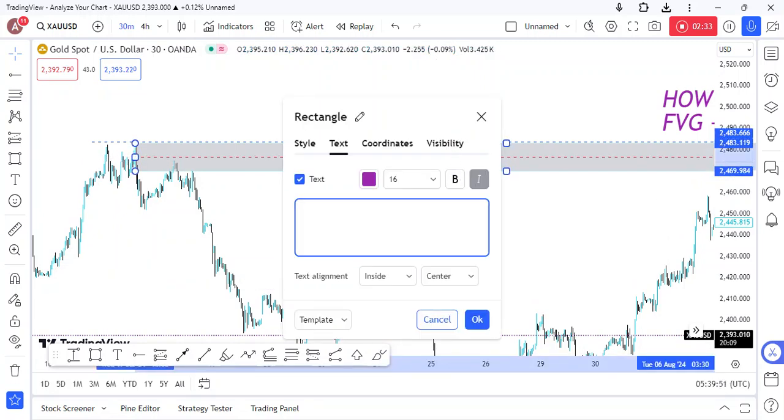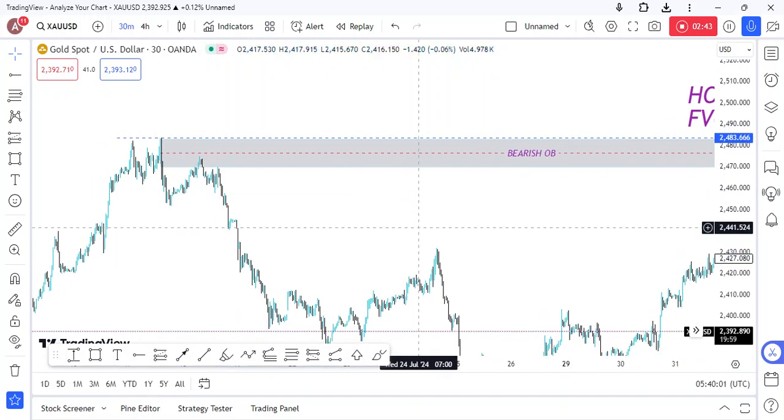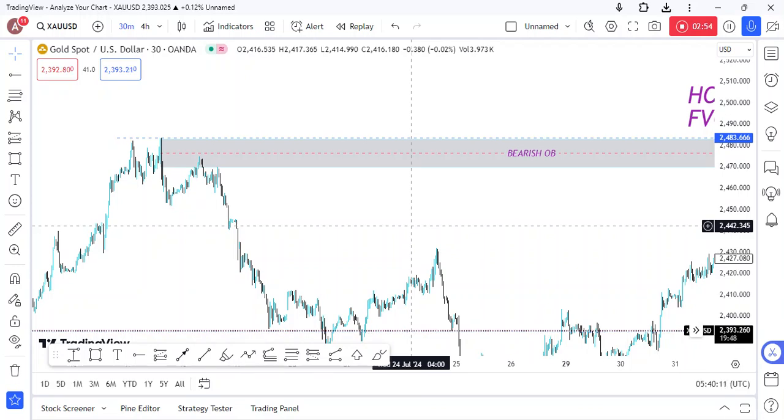Then I will call it a bearish OB. If you know what an order block is, it is the last bullish candle before a massive downward bearish move. And an order block is also the last bearish candle before a massive upward move.